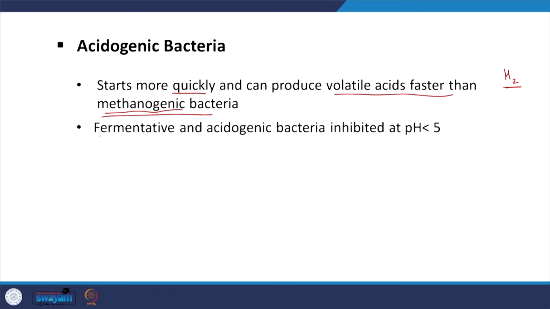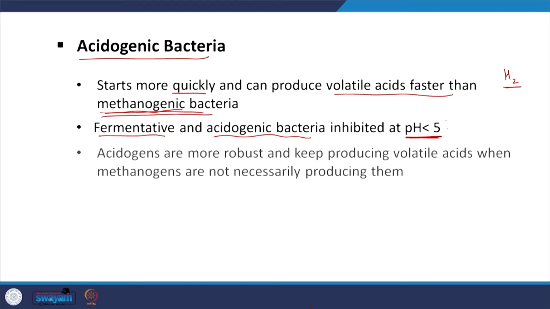So, one aspect to note is that, as I mentioned earlier, fermentative and acidogenic bacteria are inhibited, but the inhibition occurs at much lower pH than the pH at which methanogenic bacteria are inhibited, which is at around 6.5. But let me not digress. The acidogenic bacteria which take care of acidogenesis are inhibited at pH 5 or less.